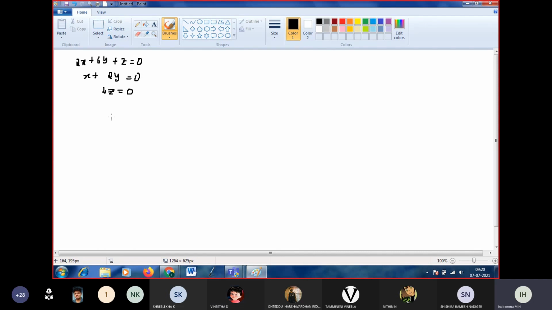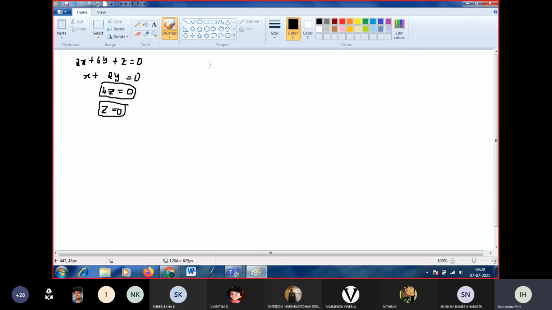Is it right? So from the third equation, 4z equal to 0. Yes, ma'am. Okay. From the third equation, we got z equal to 0. Correct?